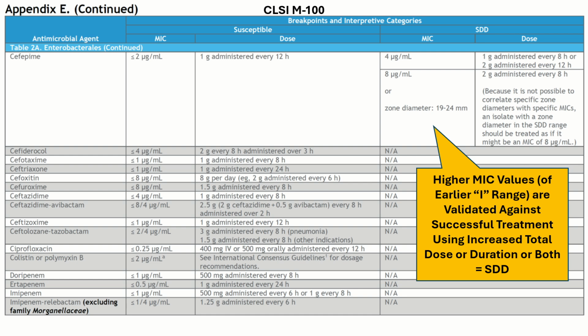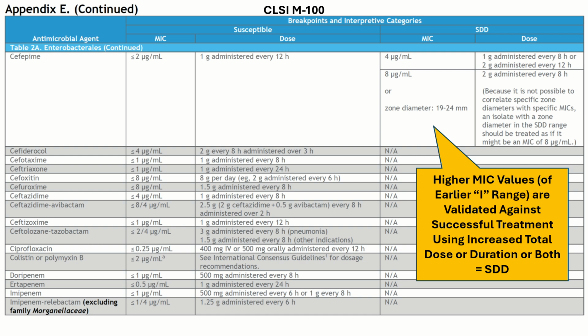Unfortunately, CLSI does not mention extended infusions or continuous infusions, but this 8 hourly dose might be effective even at 4 if it was given over a duration of 3 hours of extended infusion. So when these higher MIC values are validated clinically against higher doses or increased frequencies, these MIC values are called susceptible dose dependent, a PKPD parameter.